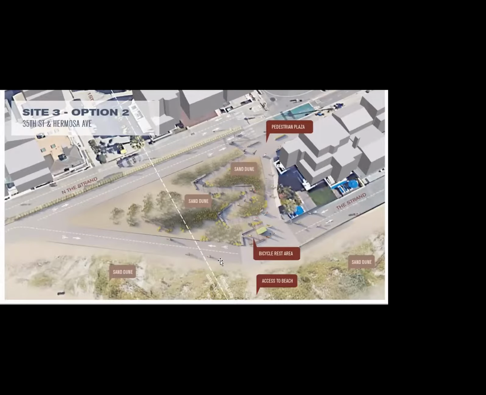Yeah, in option 1, you've got that nicely concealed in the vegetation, and you've got the bicycle rest area away from it. I'm pretty sure it makes noise, because if it's a lift station, it probably has a pump in it. So the noise itself would be shielded by the vegetation, which would be pleasant for anyone around it. And you've got more space in option 1 for the bicycle rest area as well.